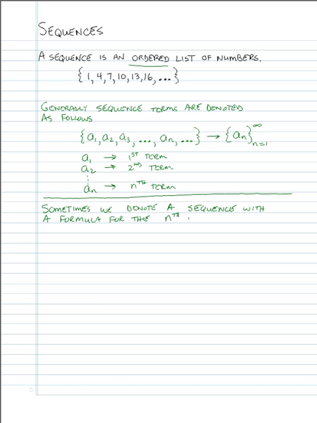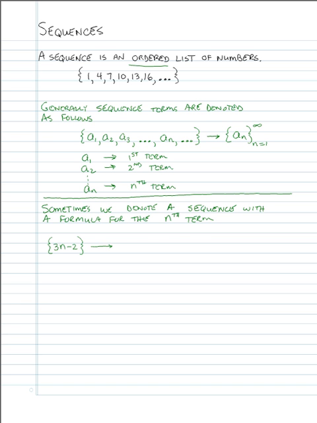For instance, rather than say the sequence of A sub n's, we'll say, in set notation, 3n minus 2. Now we understand that that's a formula for calculating each of the terms.